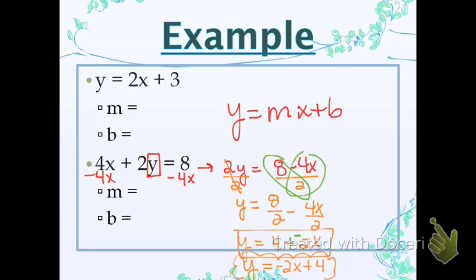The number in front of the x is the negative 2, and that's your slope, and the number that doesn't have a variable next to it, the constant, that's the 4, that's your b, that's your y-intercept, or in other words, this y-intercept would be the point (0, 4).